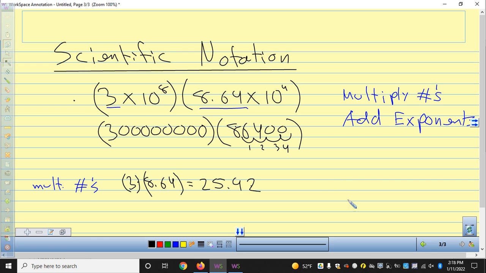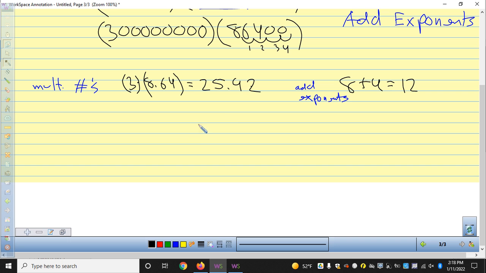My exponents, 8 plus 4, is 12. So my answer is going to be 25.92 times 10 to the 12th.